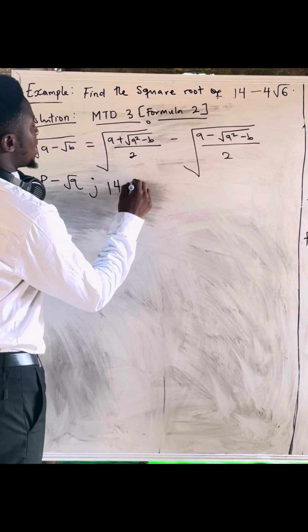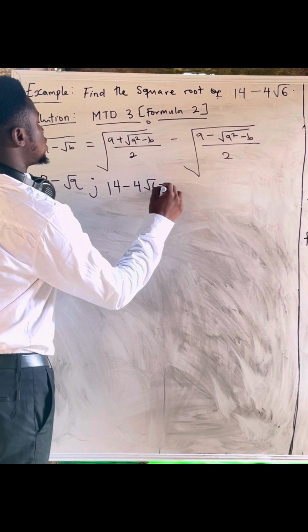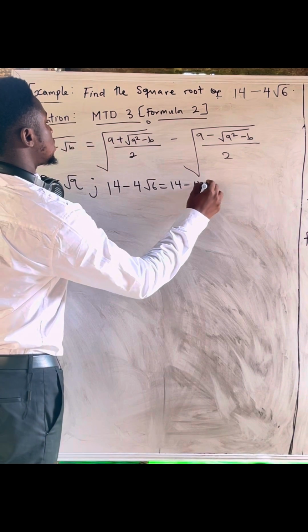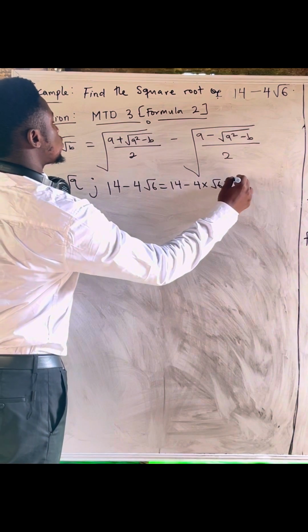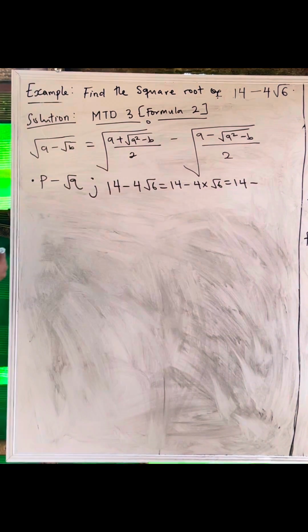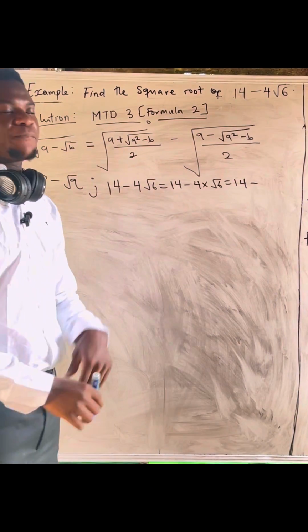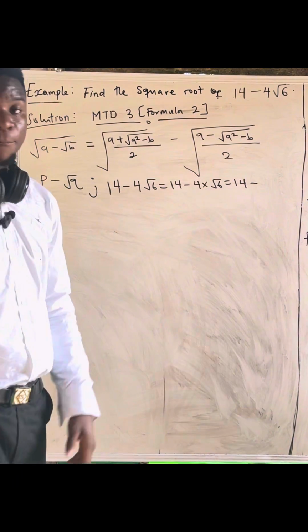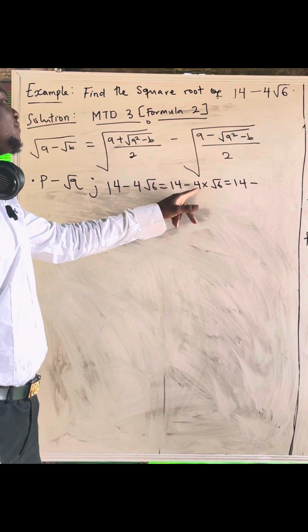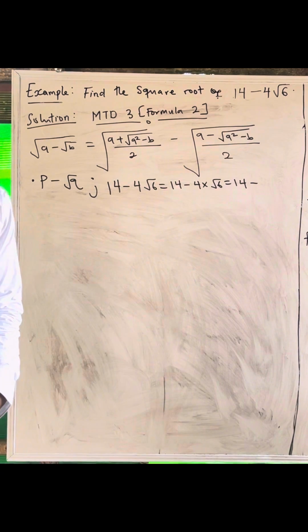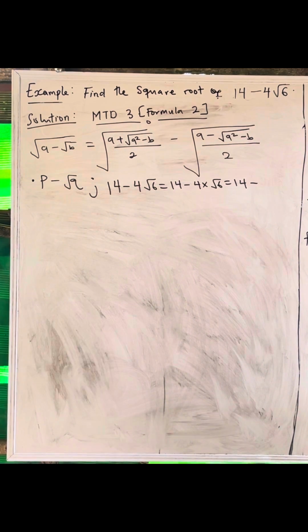We'll just say 14 minus 4 root 6 is equals to 14 minus 4 times root 6. We are firstly going to write it as 14 minus 4 times root 6. We will then square this 4 and use that value to multiply what is under the root. Now, if you do 4 squared, 4 squared is what? 16.